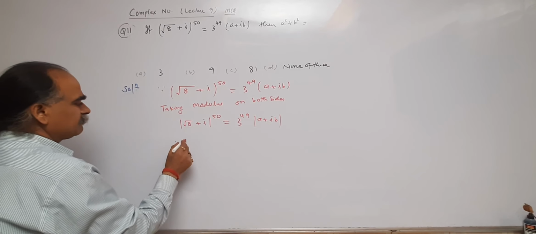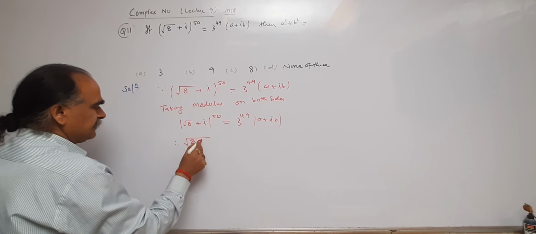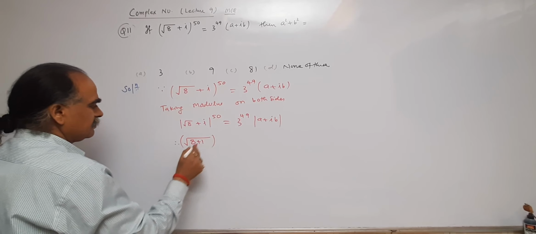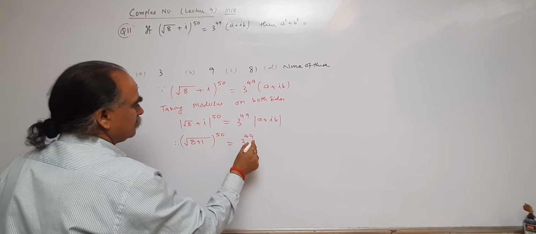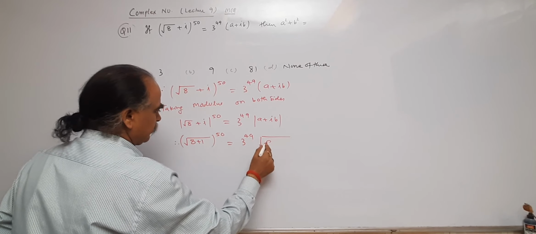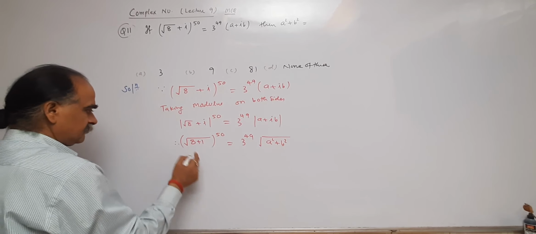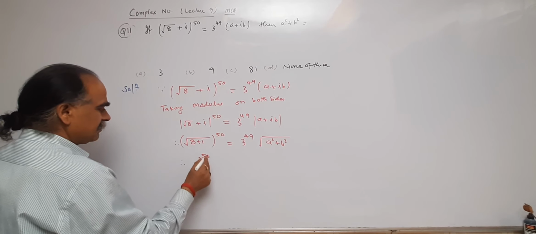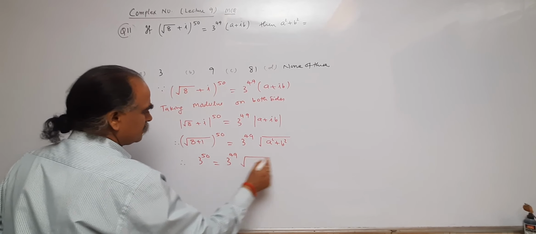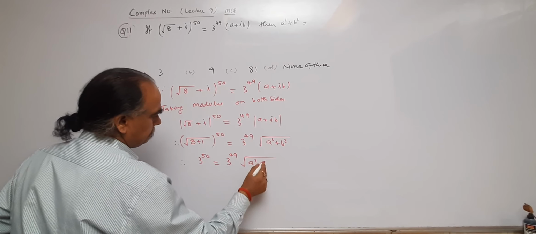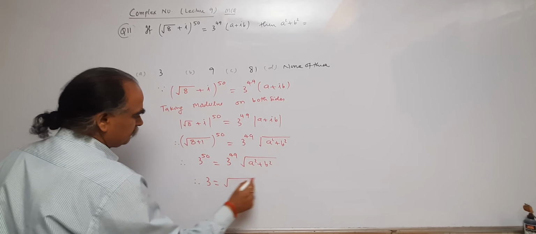So modulus of this is what? Root 8 plus 1 raised to 50, root a square plus b square. 3 raised to 50 is equal to 3 raised to 49 root a square plus b square. So 3 is equal to root a square plus b square.